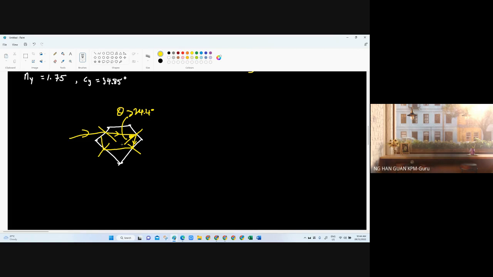Okay. So this is also how we differentiate between the real diamond and the fake glass diamond. Nowadays people can easily make a fake glass diamond. So how do we check? One of the checks is based on the refractive index.